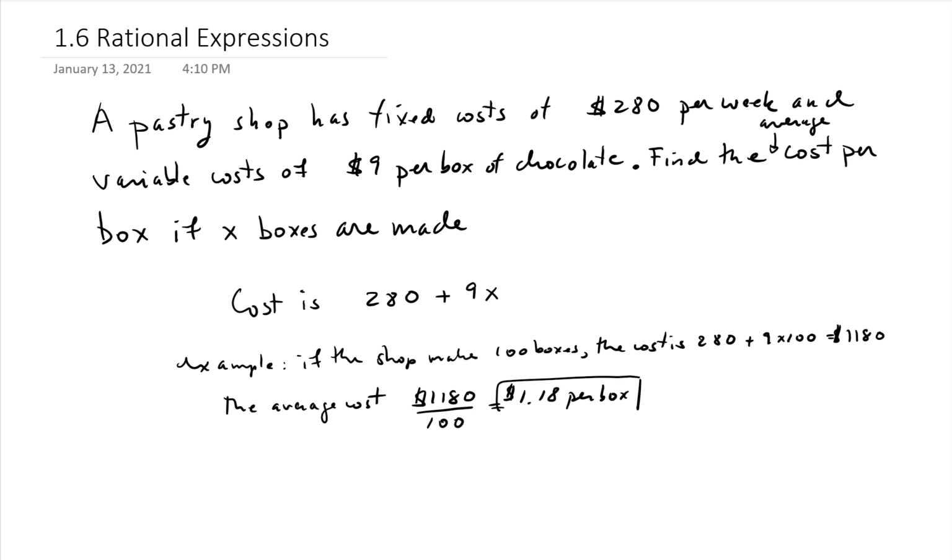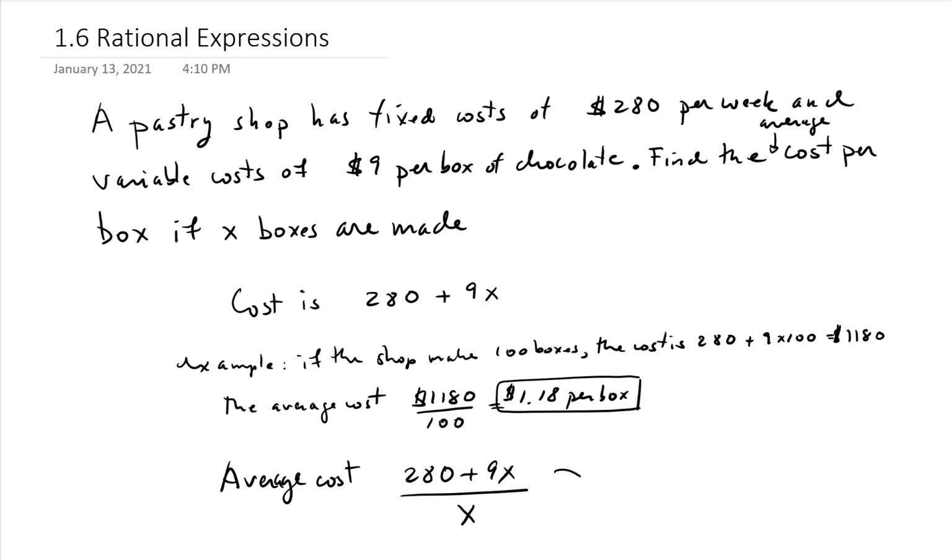So that would be your average cost for 100 boxes. Now, what is it if you sell x boxes? Well, the average cost would be the cost for producing x boxes, which you divide by the number of boxes you made, by x.